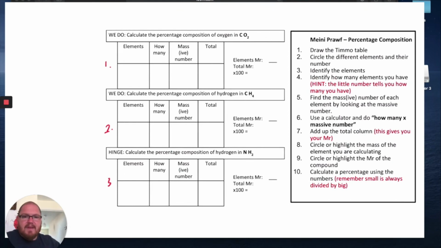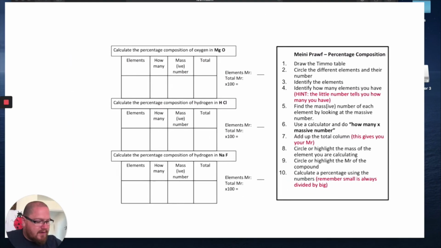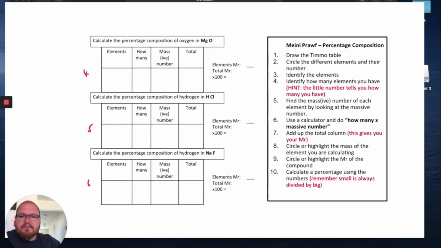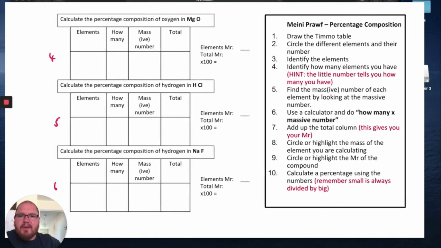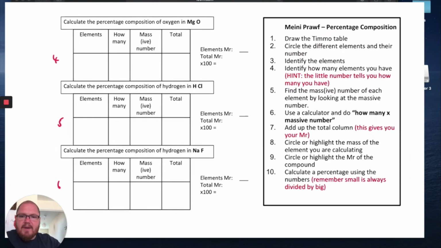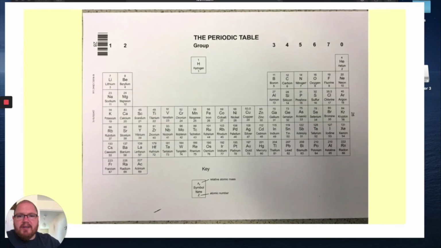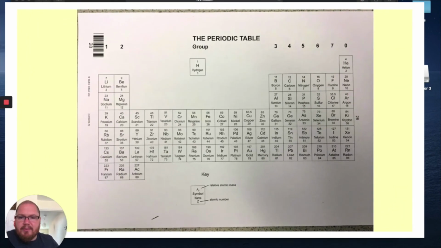Okay. And then your next questions. 4, 5, 6. There. So we've got magnesium oxide, hydrochloric acid, and sodium fluoride there. Lovely, lovely. So that's your Key Stage 3. And then I've just chucked the periodic table in there just in case you want to press pause and have a look.